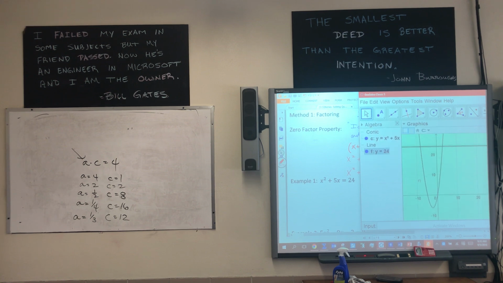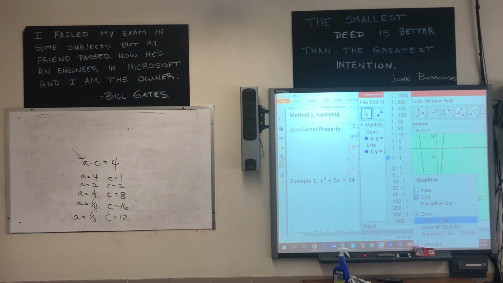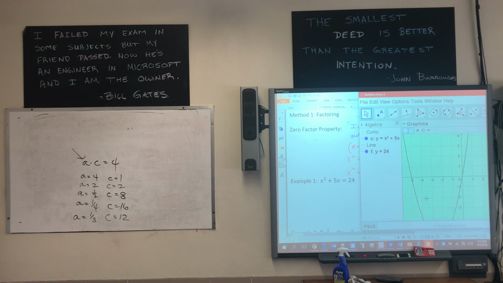Now I've got to zoom out until I get to the y-axis to show 24 on it. Let me do this real quick. We get those two curves intersecting, right?